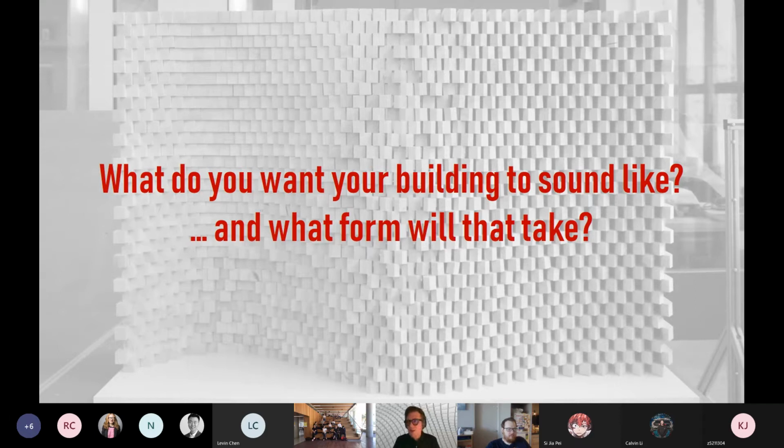And so I think it's certainly our responsibility as architects to understand that our actions have consequence, acoustic consequence. And so we should take a more considered approach to sound and ask ourselves, what do you want your building to sound like? Given that you want your building to sound like something, what form will that take?